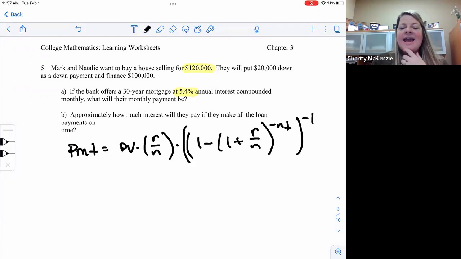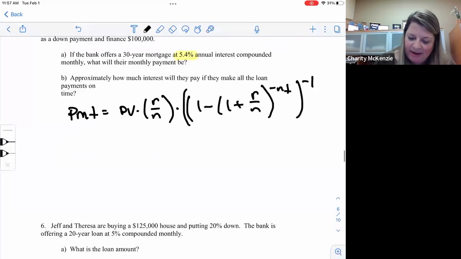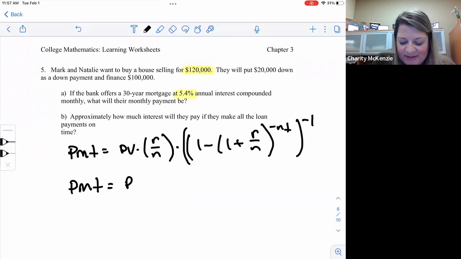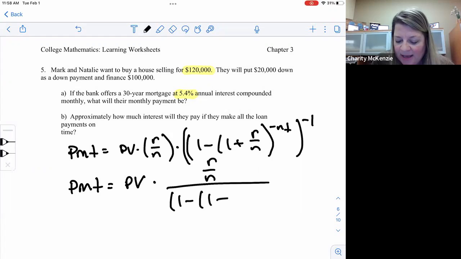I'm going to write it a different way, but I'll have to erase it. This is the way you might see it in a different book: times the R over N, and then 1 minus 1 plus the R over N to the negative NT.